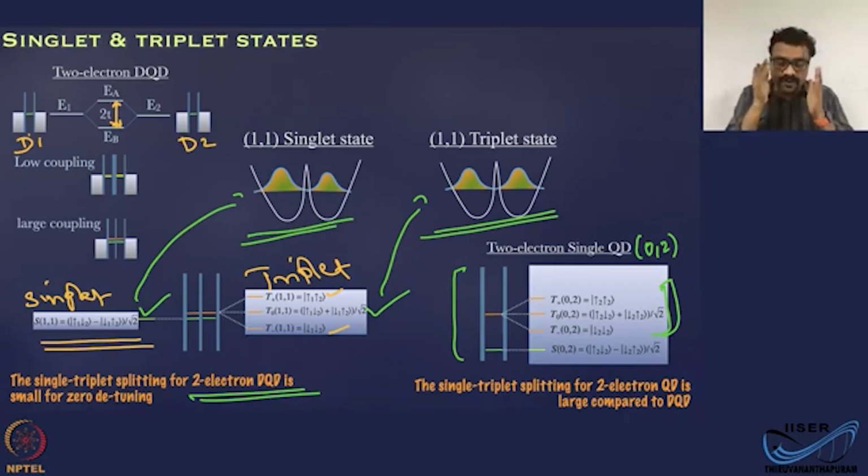But of course, the Pauli exclusion principle applies in either case. But the singlet triplet spacing for a single quantum dot, say 0-2 configuration, is very high because the singlet and triplet states are different orbital states for that dot. So this we need to remember to understand the discussion that we are going to make further.